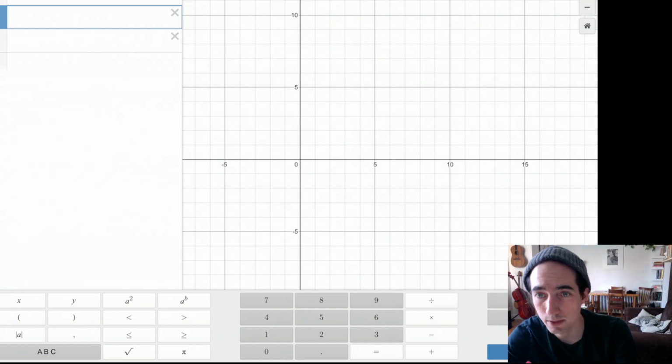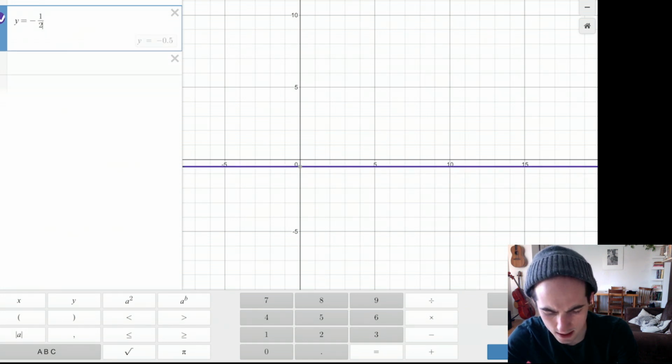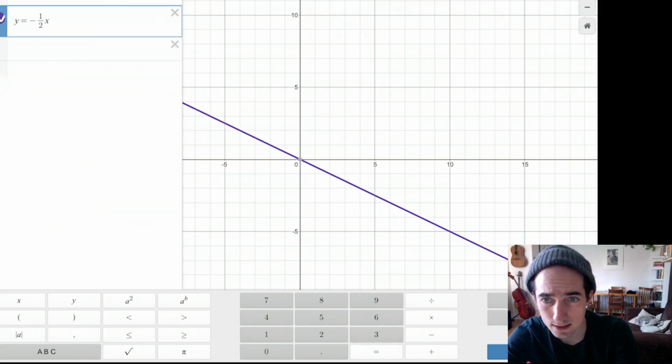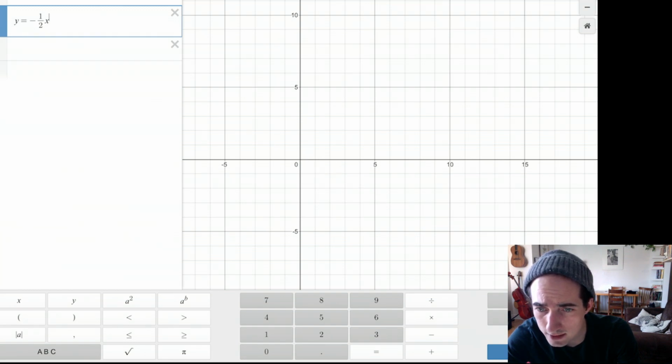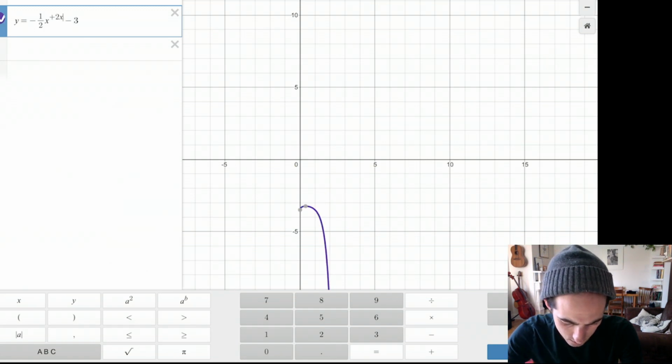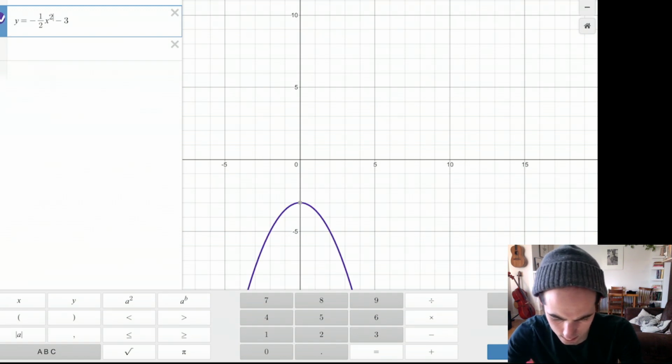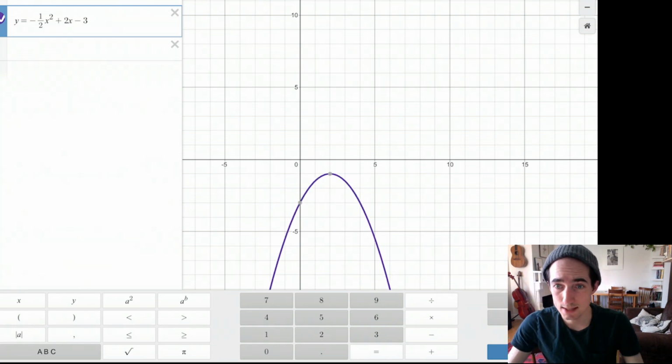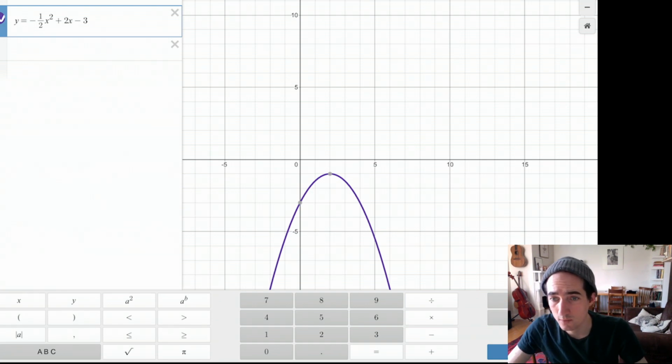The equation was y equals negative 1/2 x squared plus 2x minus 3.